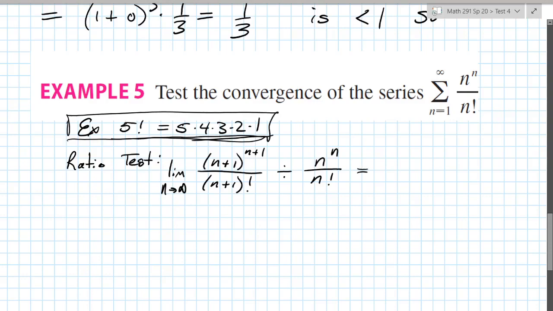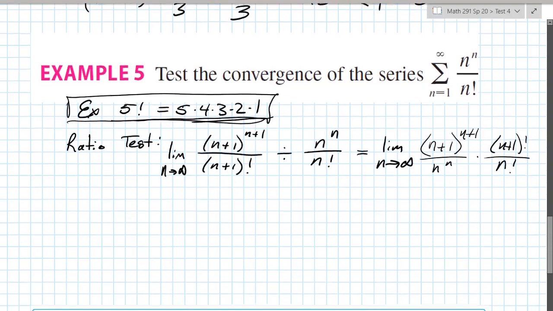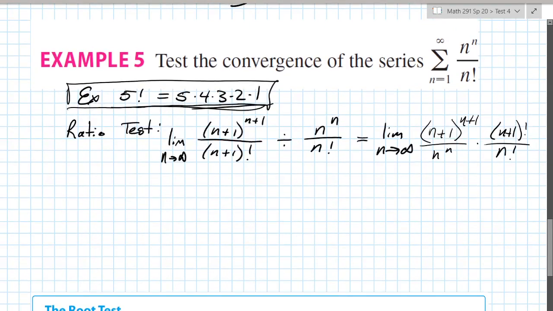So let's take the reciprocal and take a look at this fraction, see what we can come up with. We have on the first part n plus 1 to the n plus 1 over n to the n, times n plus 1 factorial over n factorial. My goal is to simplify this as much as possible in order to take my limit.